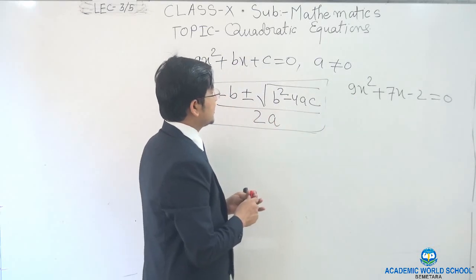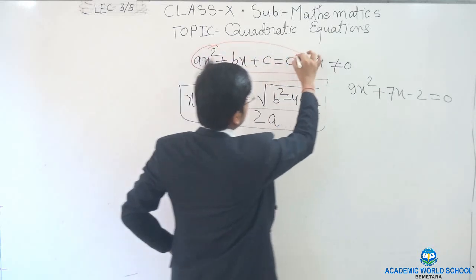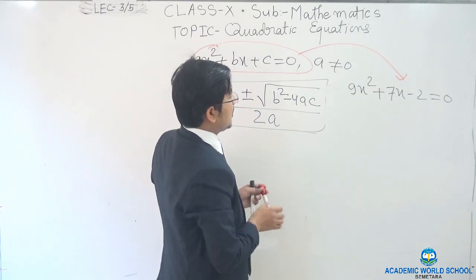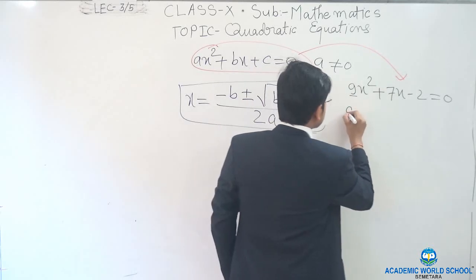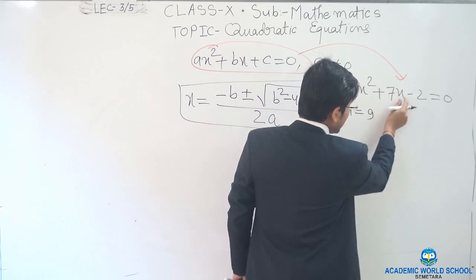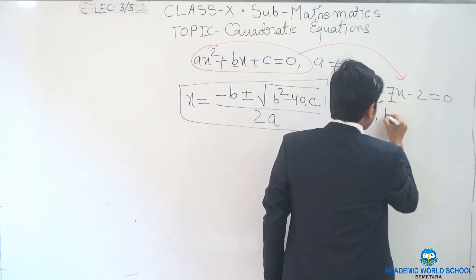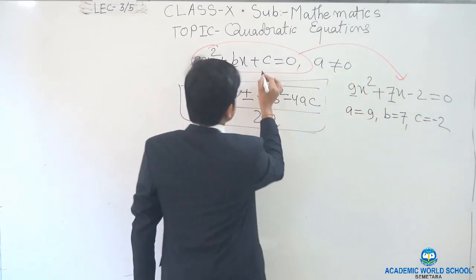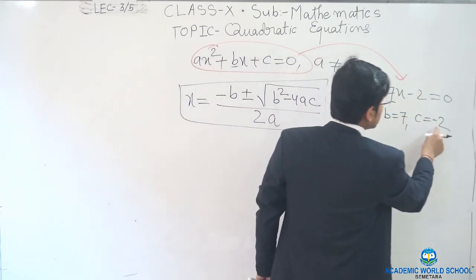So the very first thing is, we have to compare this equation with this equation. So we will be getting coefficient of x square is 9, so a is equal to 9. Coefficient of x is b, so b is equal to 7 and c is equal to minus 2. So therefore a is equal to 9, b is equal to 7, c is equal to minus 2.